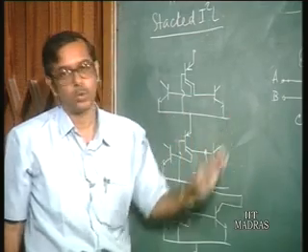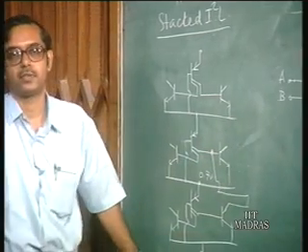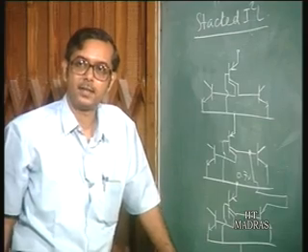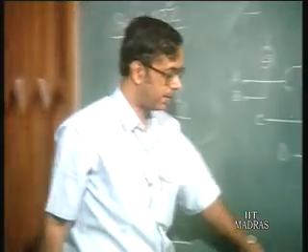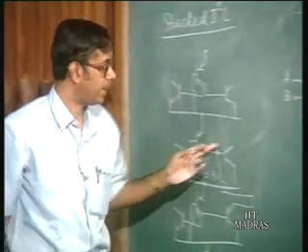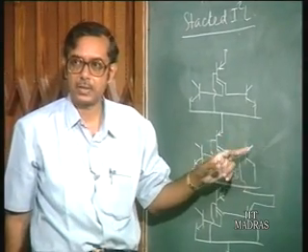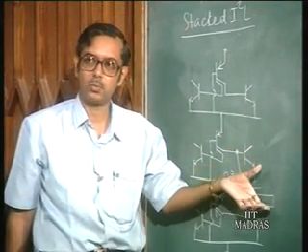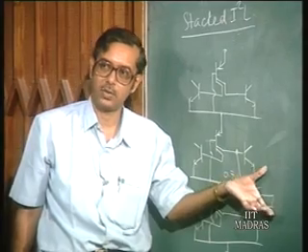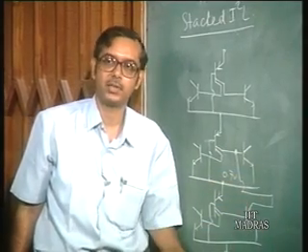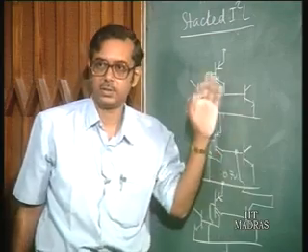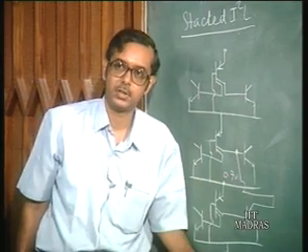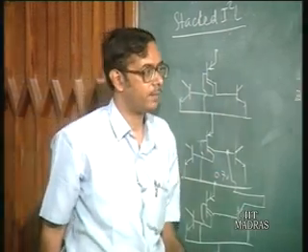This is true for both types of stacked I²L. So one has to take care of that. Level shifting means you may have to drop the output voltage by one diode drop, 0.7 volts. So you may have to shift the voltage down. So it is possible to interact between two levels with the level shifting.